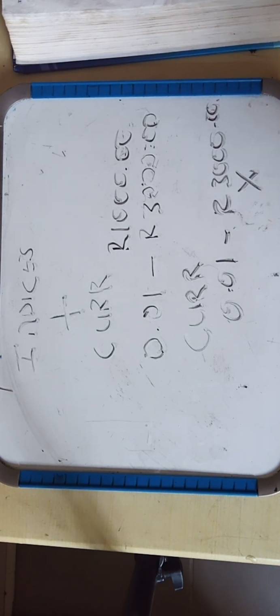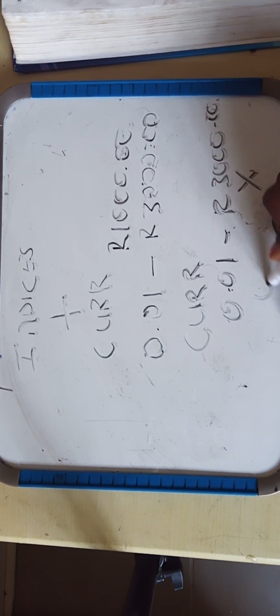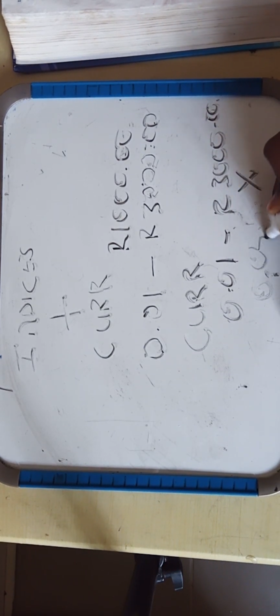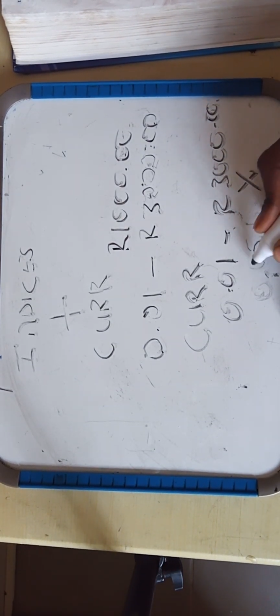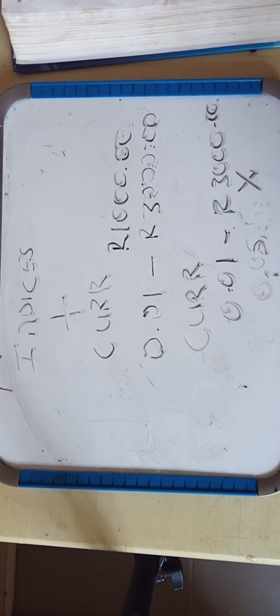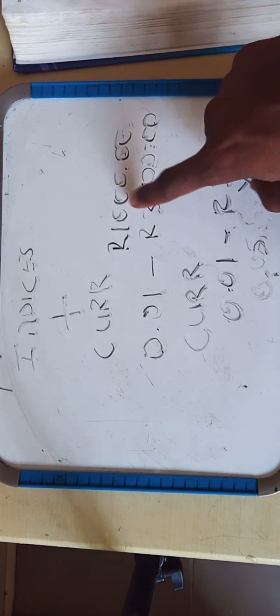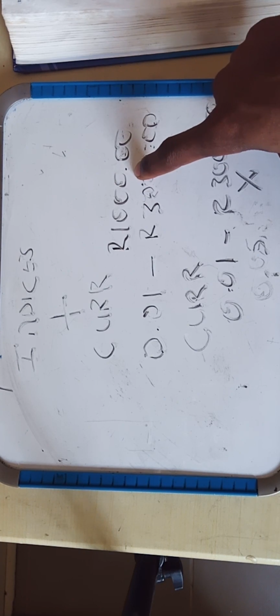So you can't trade 0.05. But on currency pairs, yes, when you are trading 0.05, you can make that 3,000 Rand. Or 0.10, 0.20, you can make that 3,000. But now, the problem is when you are using 0.05 on an account.